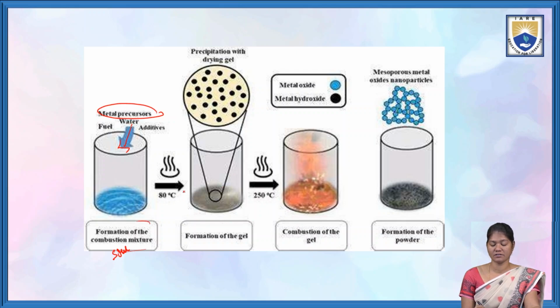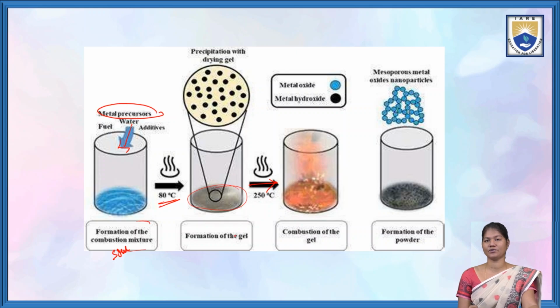This solution is brought to heat. At 80 degrees centigrade, the solution will be in gel form. After that, increasing the temperature to 250 degrees centigrade, the gel starts burning. At this auto ignition temperature, it gives flames.